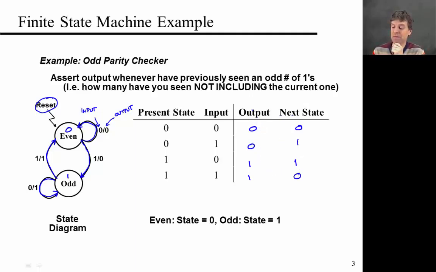You can just look at the output and see that it's essentially the same as present state. So you can write output is present state. And you can probably also see that next state here is essentially the XOR of present state and input. So, oops.